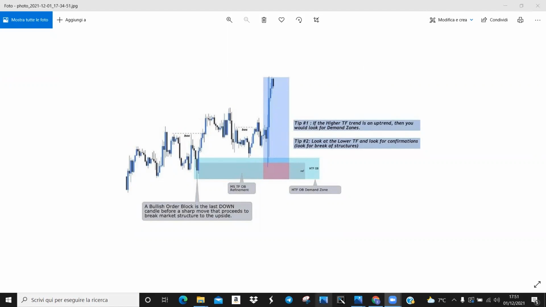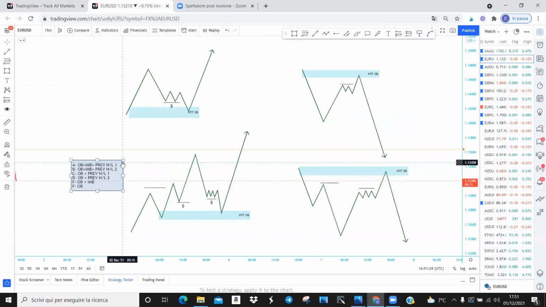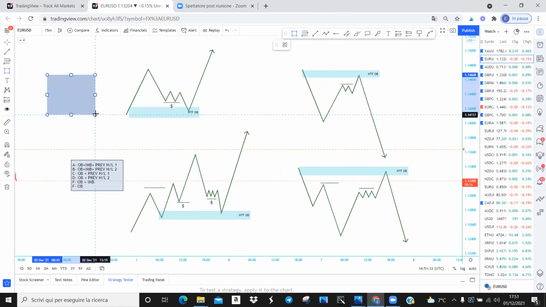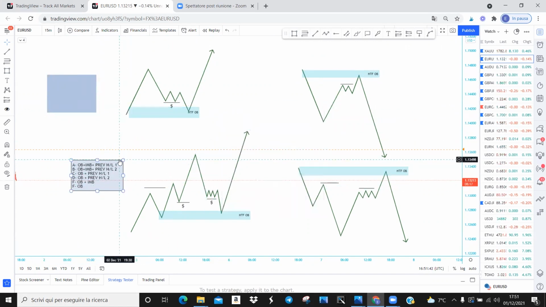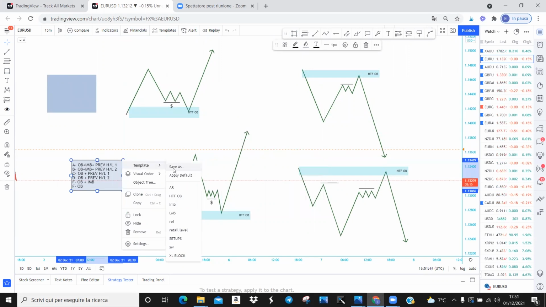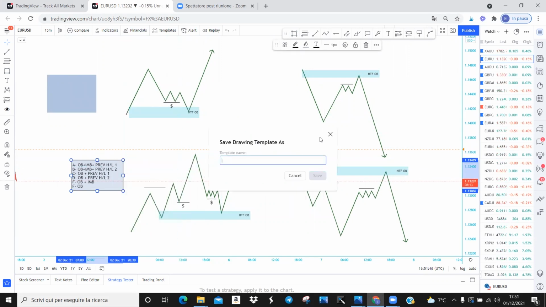Now, how to do it? One second, I'll show you. Here, when you create this, you can just put a box. You select the color, you double click and go on text, you put the text and you write inside this. And after you write inside it, you right click, template, save as, you put a name.